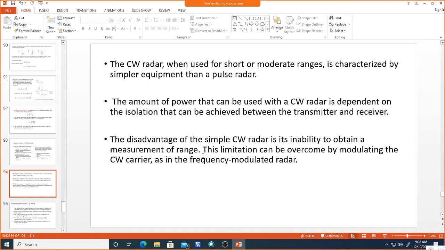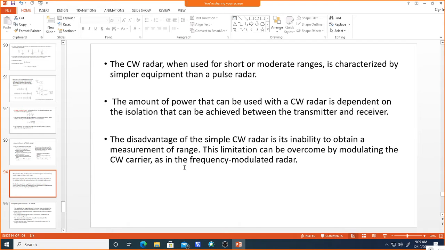To overcome this limitation of continuous wave radar, we modulate the continuous wave carrier. If you modulate the wave that you are going to transmit, then it will go a long range. We have already seen AM modulation, FM modulation and so on, which increase the range of the radar.